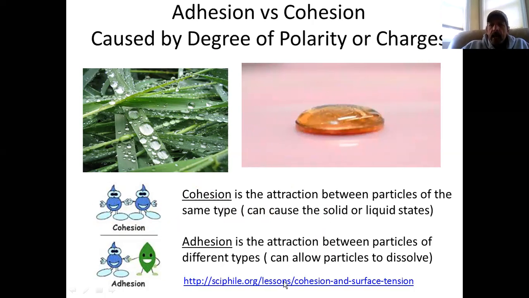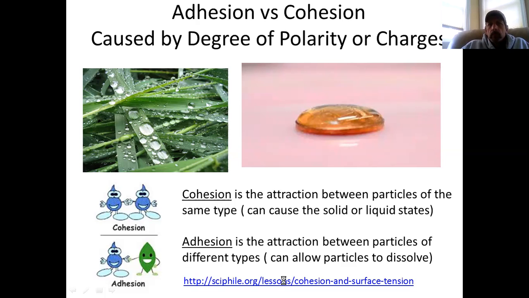Let's take a look at adhesion and cohesion, those forces, in an interesting way here. I'm going to pause the video here so that we can access what I'd like to share with you.